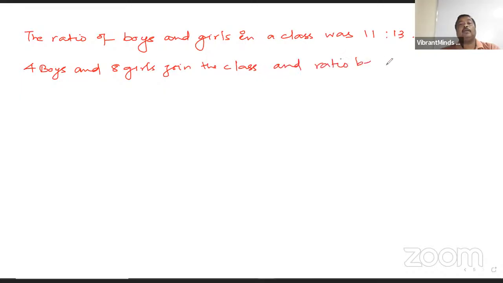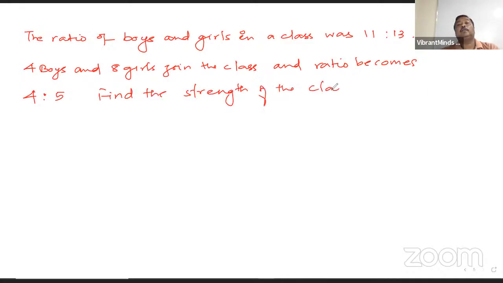And the ratio becomes 4:5. Find the strength of the class.